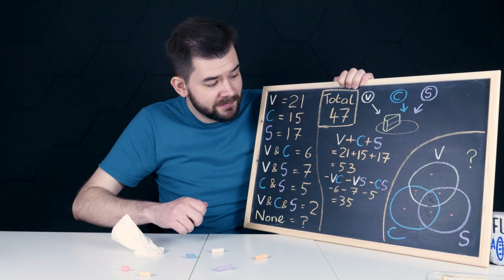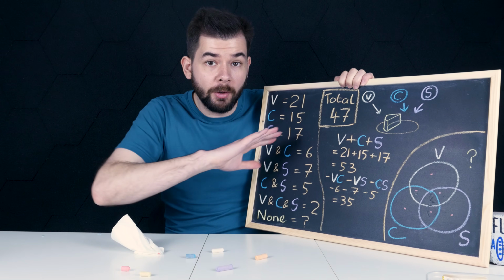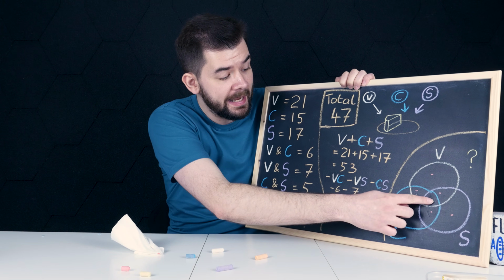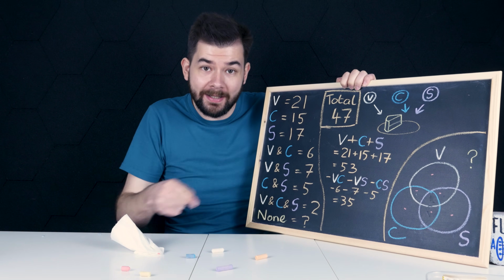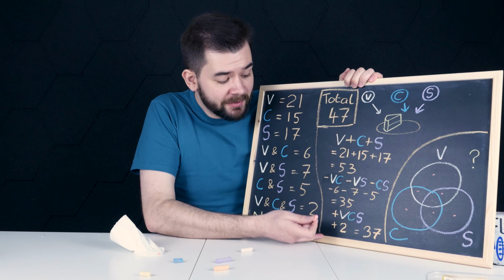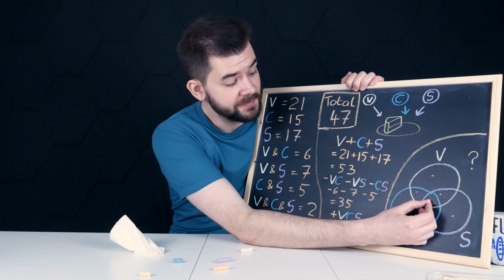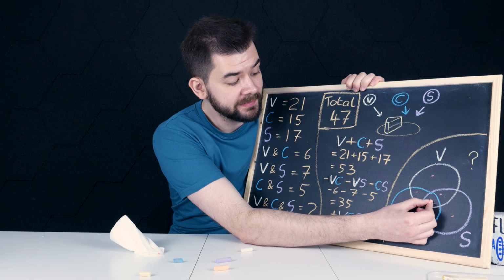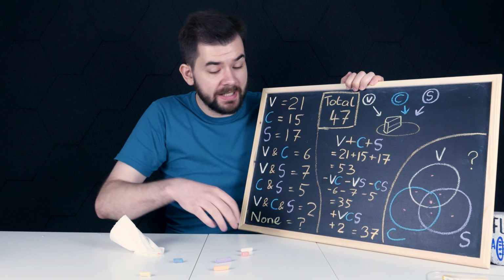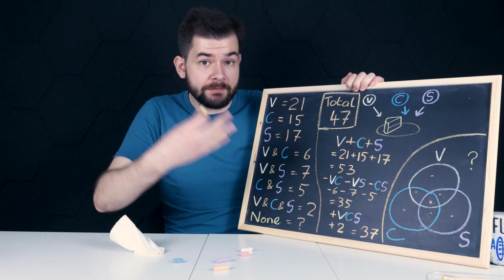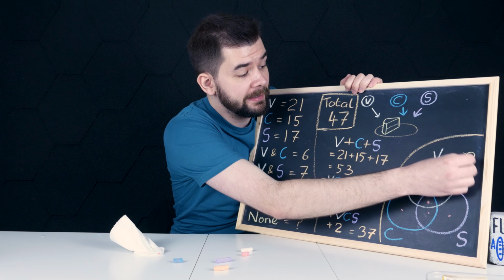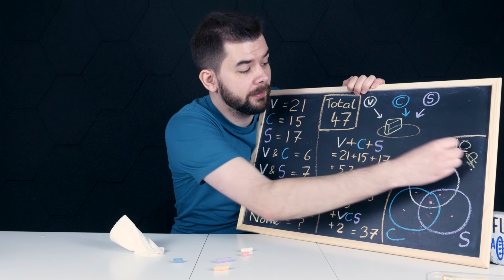Now notice that we've counted everything once, but we haven't counted the 3-way intersection at all. So now we can add that back in. We add 2, bringing our total to 37. So there are exactly 37 desserts which contain some ice cream. 47 minus 37, this number out here, must be 10.